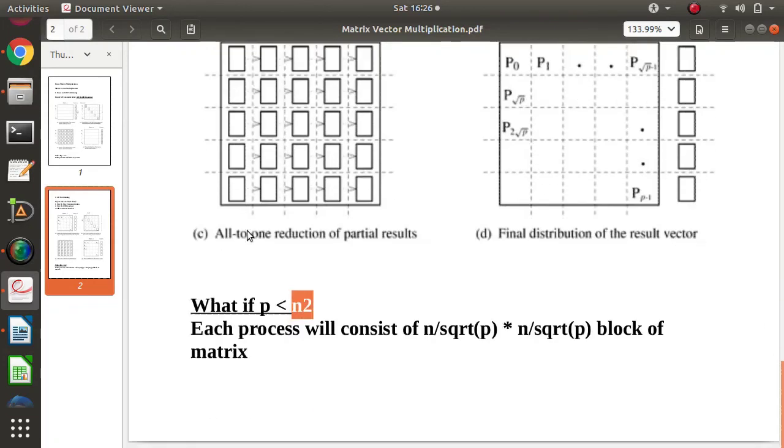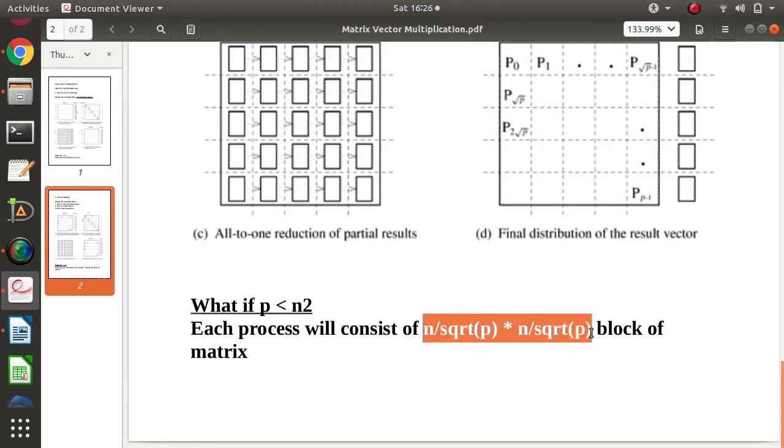Suppose there are p processes, which is smaller than the n square elements. Every process will have that block. The size is the number of rows by number of columns, n by root p into n by root p.